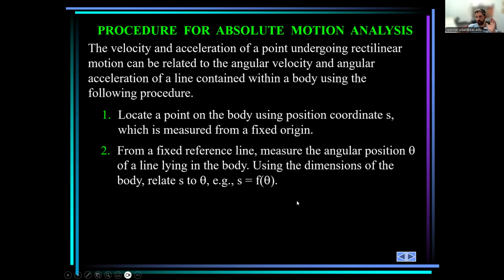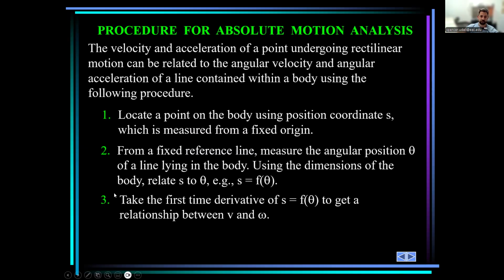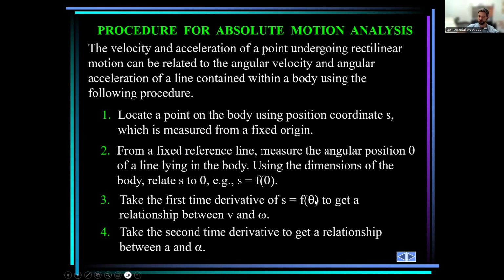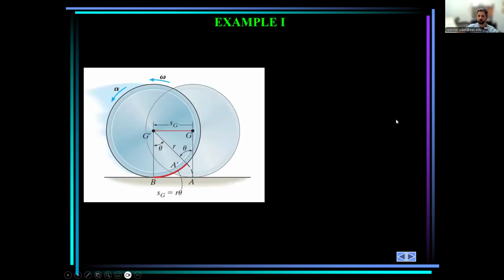S equals blah, blah, blah, theta, right? We need it to relate those two variables. Then the rest is all just calculus. So then, like I said, take the first time derivative, you get v in terms of omega now, do it one more time and you get a in terms of alpha. So it's a beautiful thing. We'll wrap up this video with a quick example then.